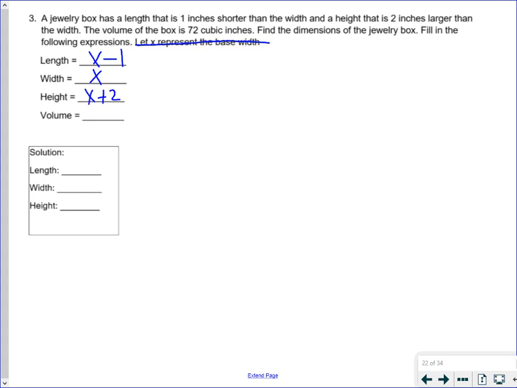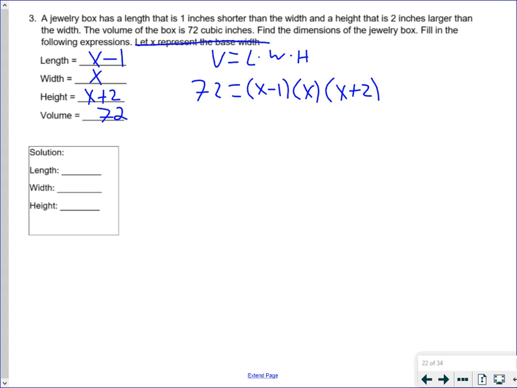And we're told our volume will be 72. So now we're going to put everything into our volume formula. In this case, our volume formula is length times width times height. So 72 equals our length, which is x minus 1, our width, which is x, and our height, which is x plus 2.